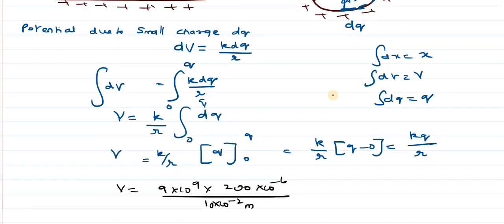So what will happen? This cancels. Okay. So 18 into 10 to the power 10 minus 4 is 6 and 4. Okay. So one minute. Did I do it properly here? It is 10 power minus 2, right? So it will be minus 4. So it will be 5. Correct.